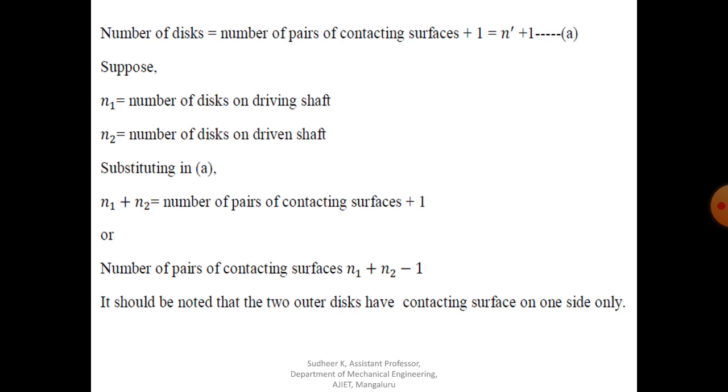For our syllabus, we have to give more importance to the single plate clutch and multi-plate clutch. These two are nothing but the disc clutch, or plate clutch. Then we studied the construction of the single plate clutch, then the multi-plate clutch. In the single plate clutch, we derived an expression for axial force, and an expression for the torque transmitting capacity of the single plate clutch.